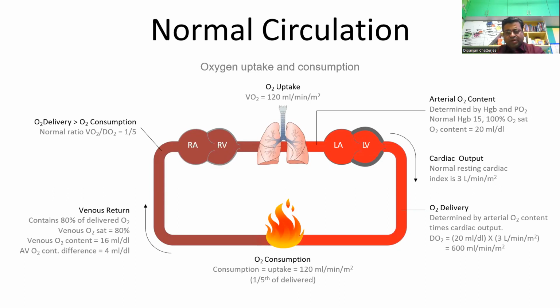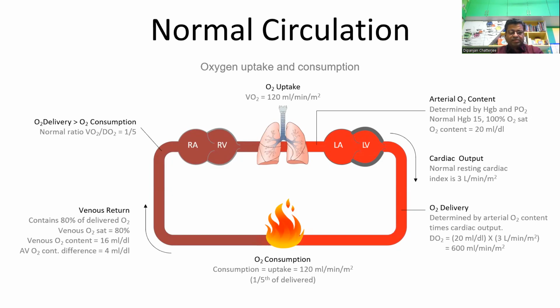Whereas our tissues need only around 120 ml per meter square. So this amount of oxygen is extracted in the tissues, and the rest of the blood comes back to the venous system, where the content of oxygen in the venous blood is approximately 15 to 16 ml per deciliter, and it is around 70 to 80% saturated.